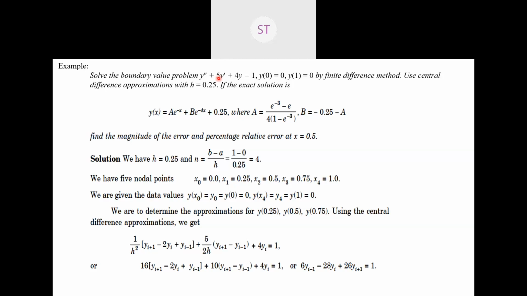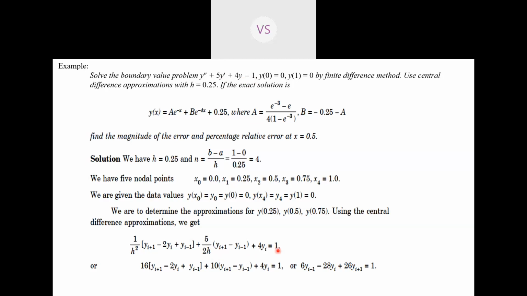Then there is y dash. You have to write the formula for y dash: 1 by 2h, yi plus 1 minus yi minus 1, plus 4y, where yi is equal to 1.